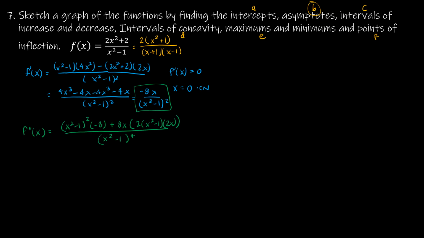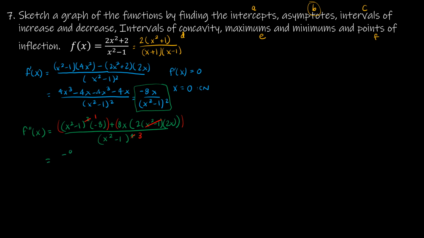Now what? Well, it looks to me like I've got an x squared minus 1 in all of the factors. So here's one factor, here's another, and obviously in the bottom. So I'm going to turn this into the first power, I'm going to get rid of this x squared minus 1, and I'm going to turn this into the third power. Now I'm going to do my simplification.